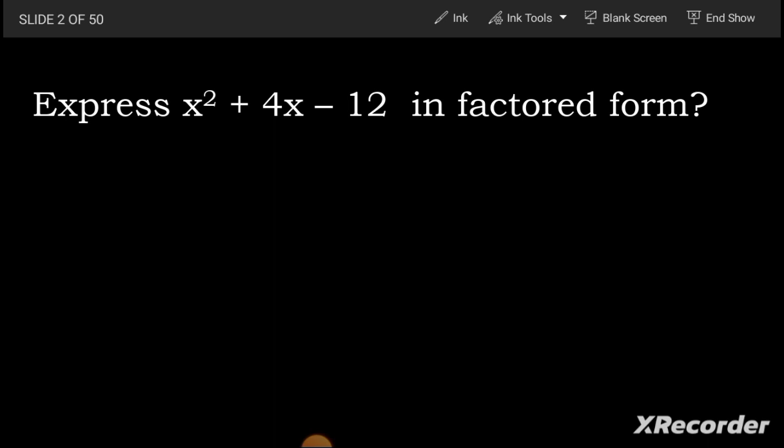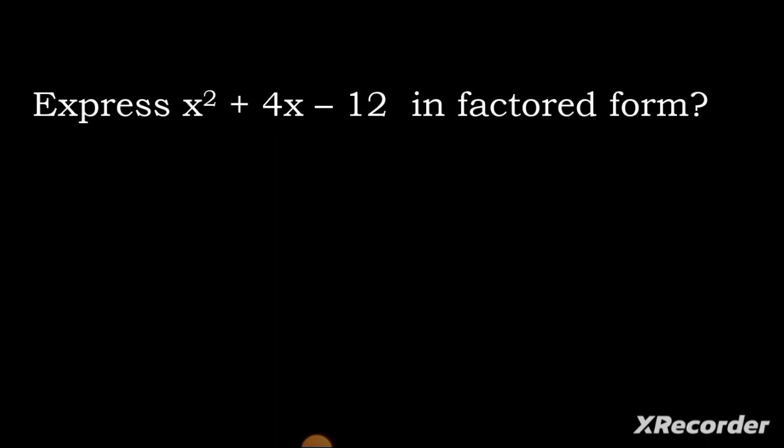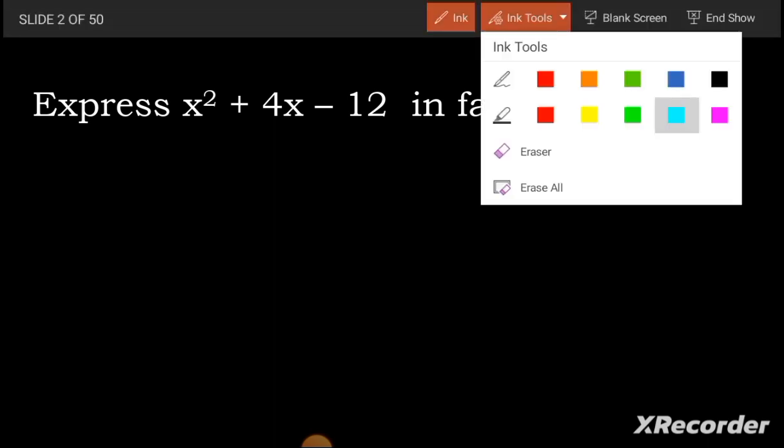Okay, next question. Express x squared plus 4x minus 12 in factored form. So this quadratic expression here can be expressed in its factored form by using the product of two binomials.